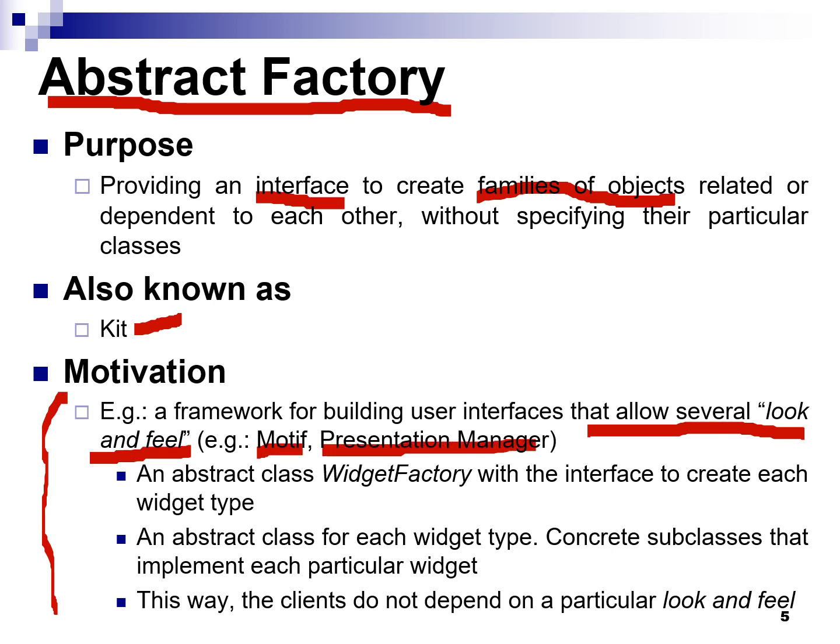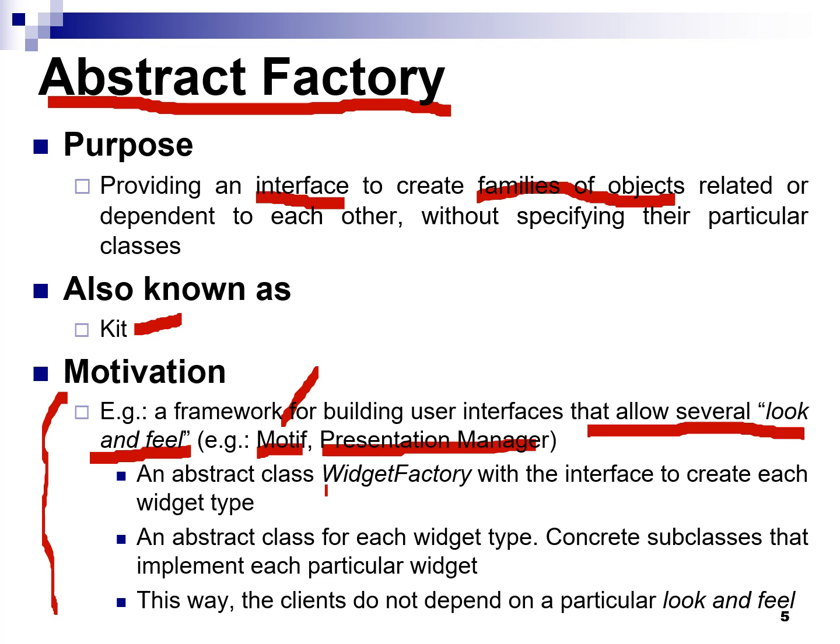These are two different styles of user interfaces, and of course, every time an application needs to create a widget, if it's using motif, then this widget should be presented using the motif style. So how to ensure that you provide such an interface such that client code can be consistent and create always, whenever you create a window, a motif window or a presentation manager window without doing something special.